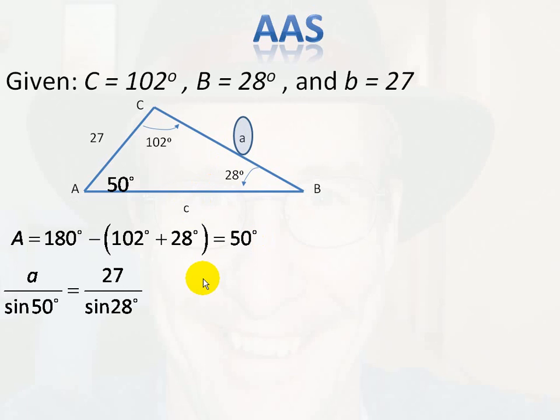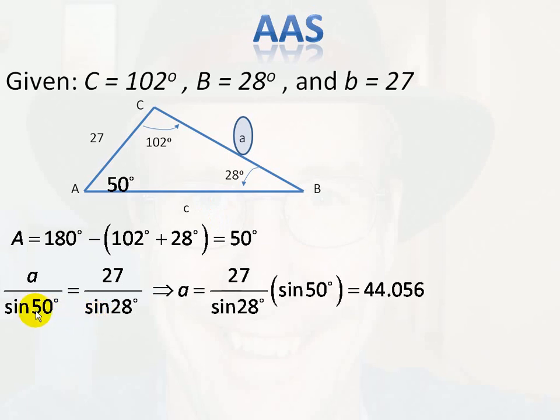Now, using the law of sines, I know that A over the sine of 50 is equal to 27 over the sine of 28. Multiply both sides by the sine of 50 and do the multiplication, you get 44.056.